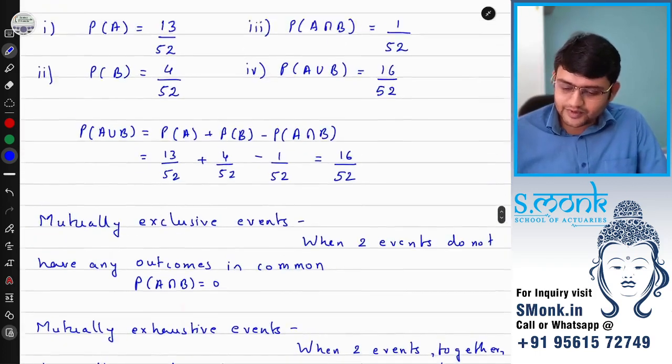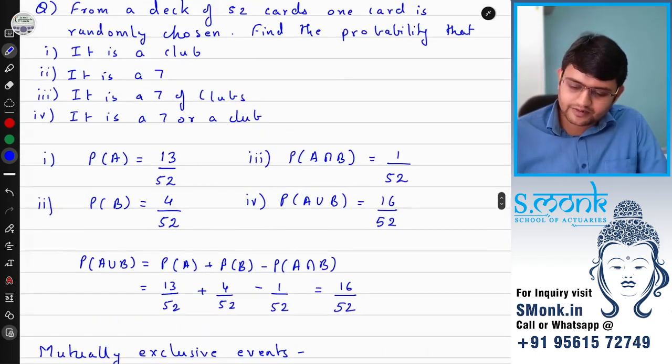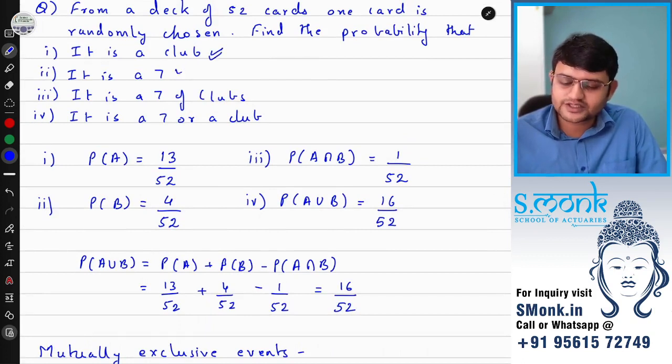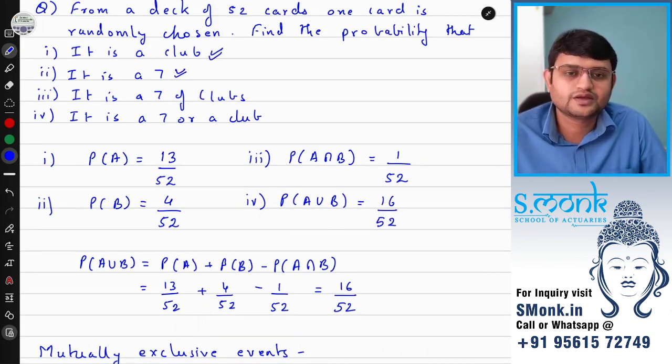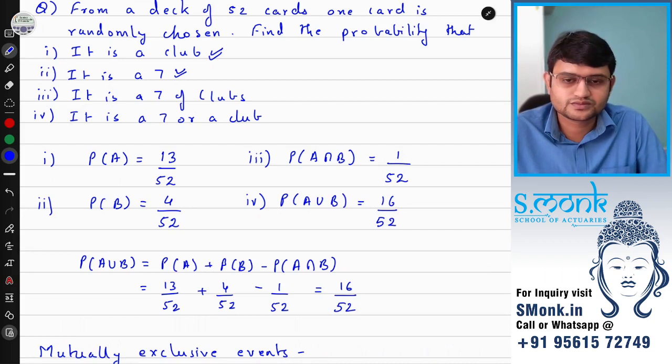So in this example, can you tell me, A and B, that is selecting a club or selecting a 7, are they mutually exclusive? No, they are not mutually exclusive because they have something in common.